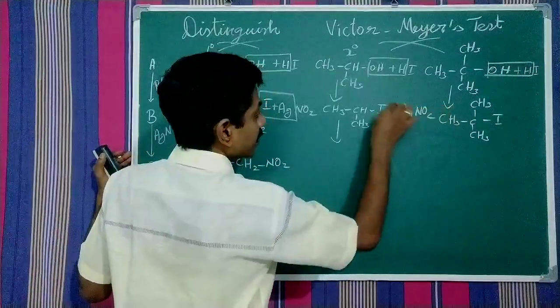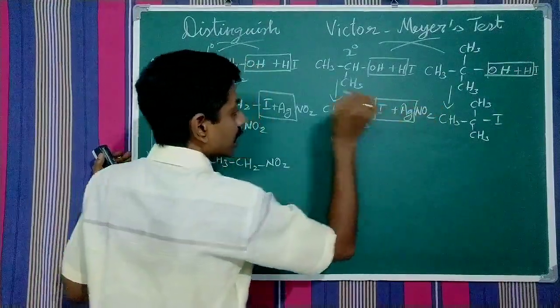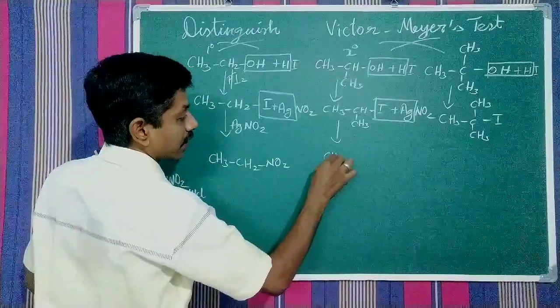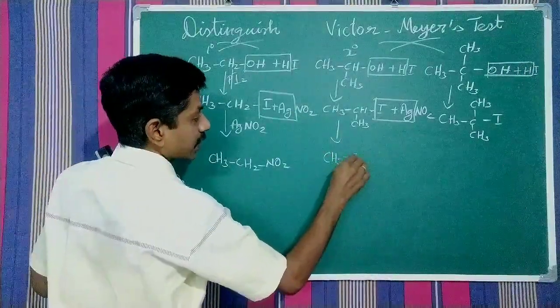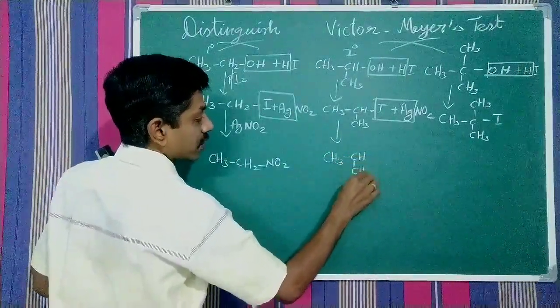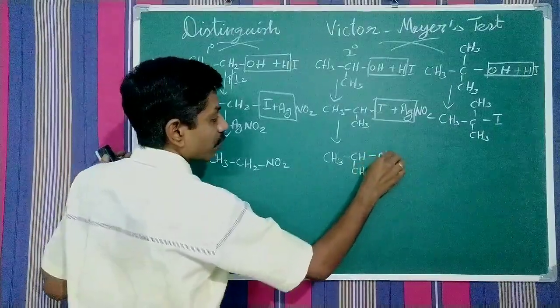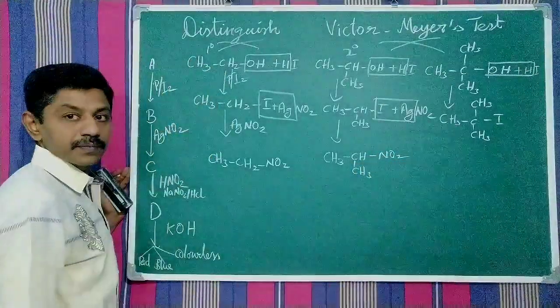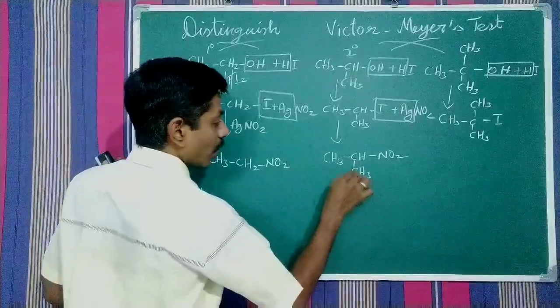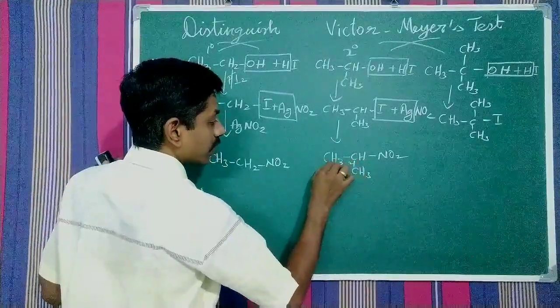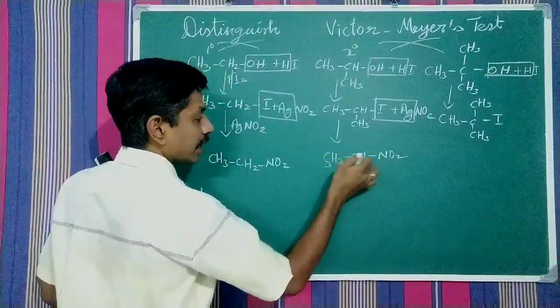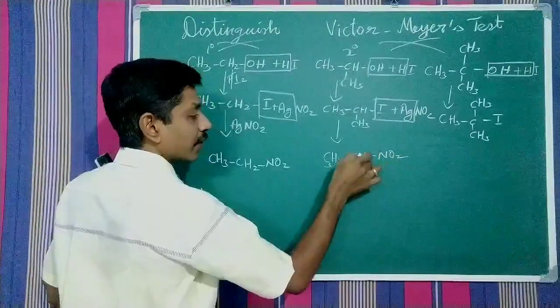Learning chemistry is very easy. Look at that, AgI is removed and the product is CH3CH(NO2)CH3. In this place the NO2 group is added. Naming is also easy. How? 1, 2, 3 carbon, so propane, second carbon nitro group, so 2-nitropropane.